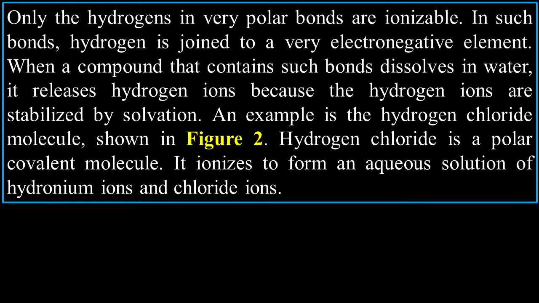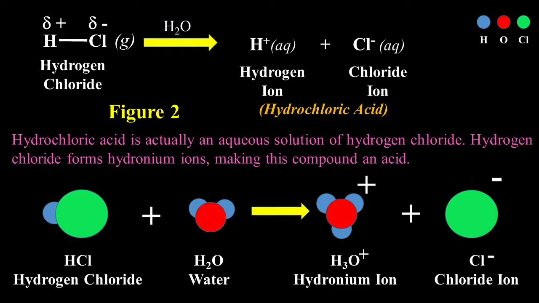An example is the hydrogen chloride molecule shown in Figure 2. Hydrogen chloride is a polar covalent molecule. It ionizes to form an aqueous solution of hydronium ions and chloride ions.